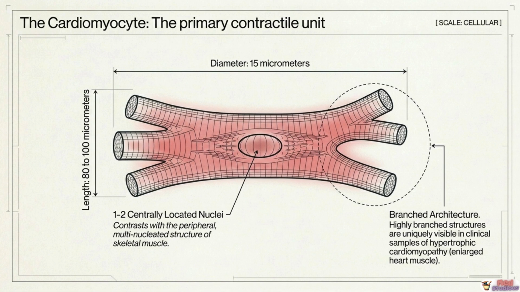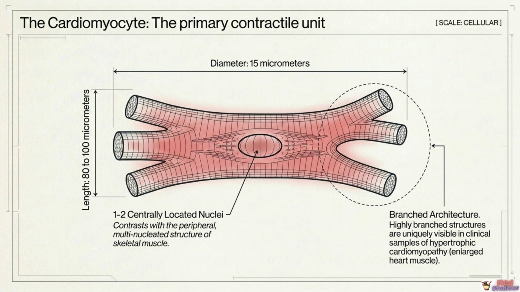Let's isolate the individual workhorse of this system, the cardiomyocyte. This cell is the primary contractile unit of the heart wall. Geometrically, a healthy adult cardiomyocyte measures approximately 80 to 100 micrometers in length and maintains a narrow diameter of roughly 15 micrometers.